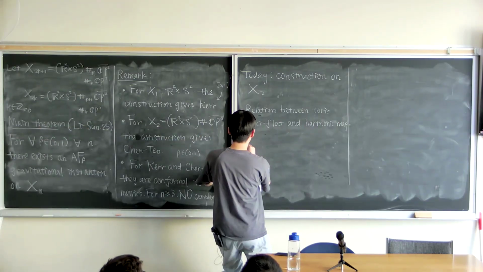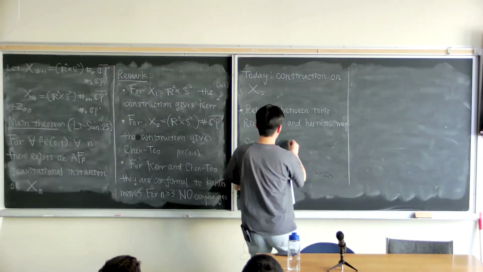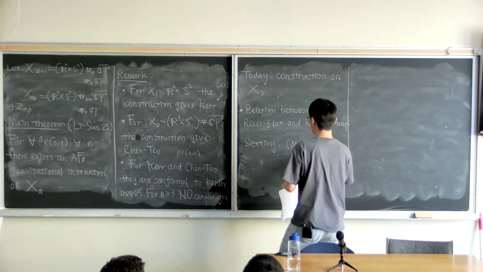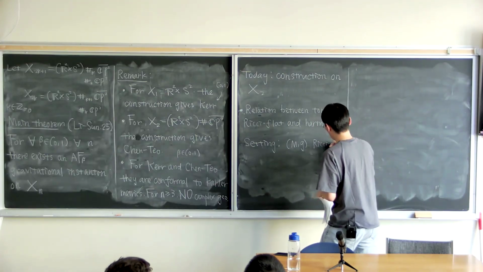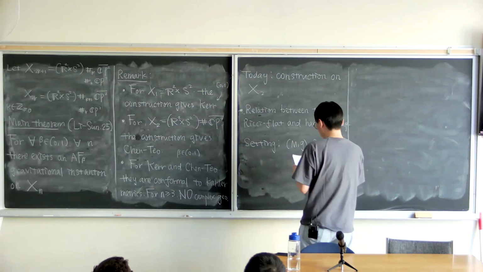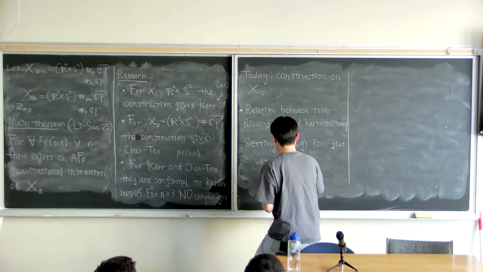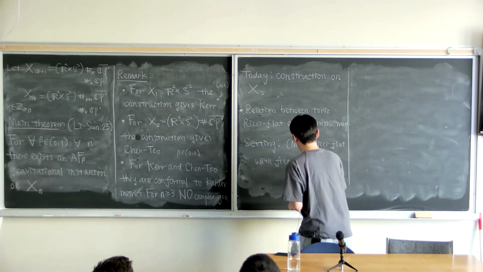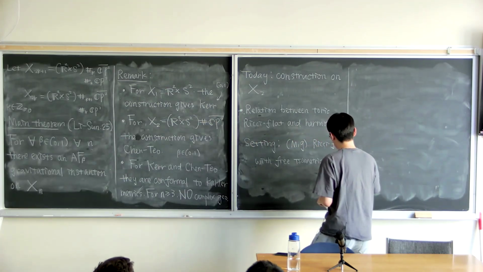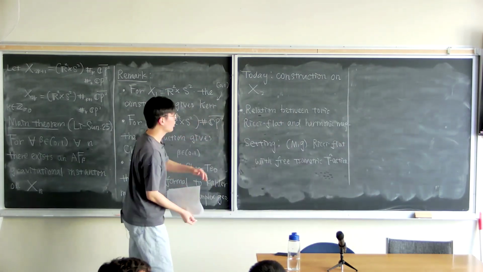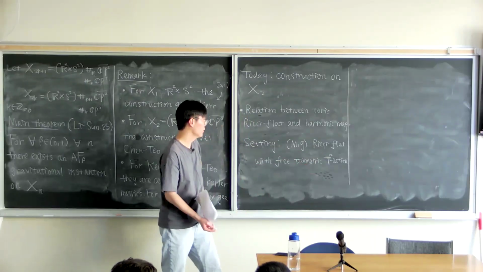So the setting I'm going to consider is the local setting. My (M, g) will be a Ricci-flat metric with a free isometric T2 action. So I'm going to consider a local Ricci-flat metric that has a free isometric T2 action.